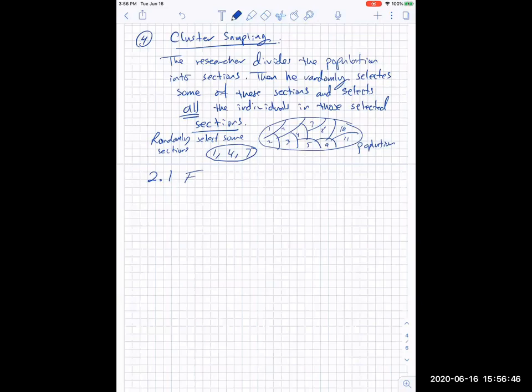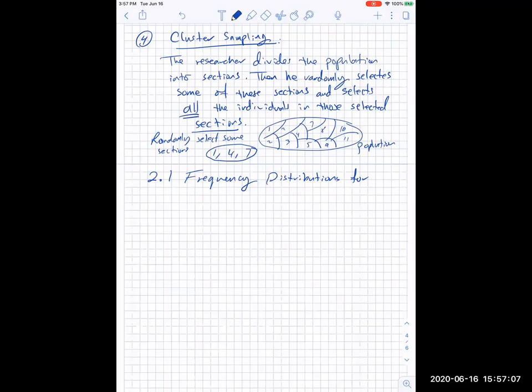We're going to talk about frequency distributions for organizing and summarizing data.